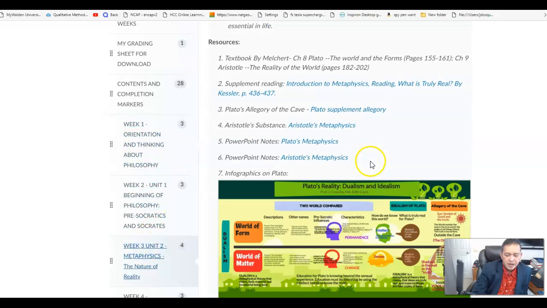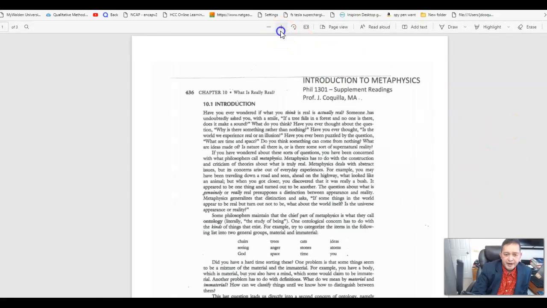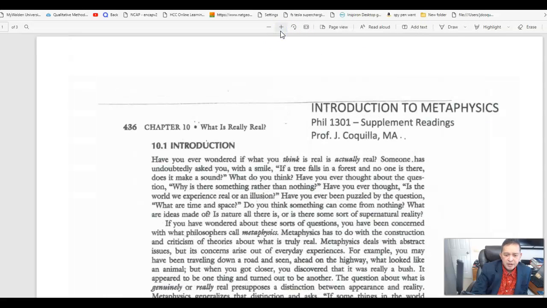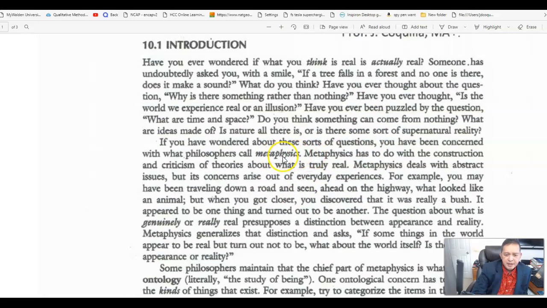Week 3. Okay? Now, you can use the reading, What is Truly Real by Kessler. This one will help you identify the meaning of the terms. Like metaphysics here, you can see the word metaphysics. So read this article.